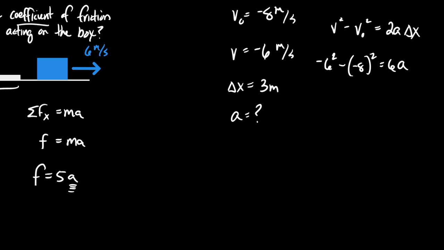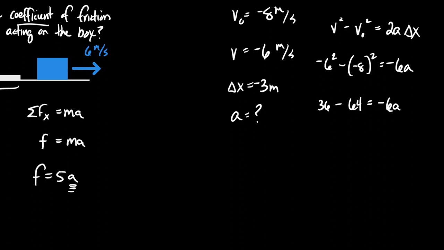All good so far? Delta x is actually negative 3. Sorry, right? Because it travels to the right. So probably should write this as negative 6a. 6 squared is 36, minus 8 squared is 64, equals negative 6a.